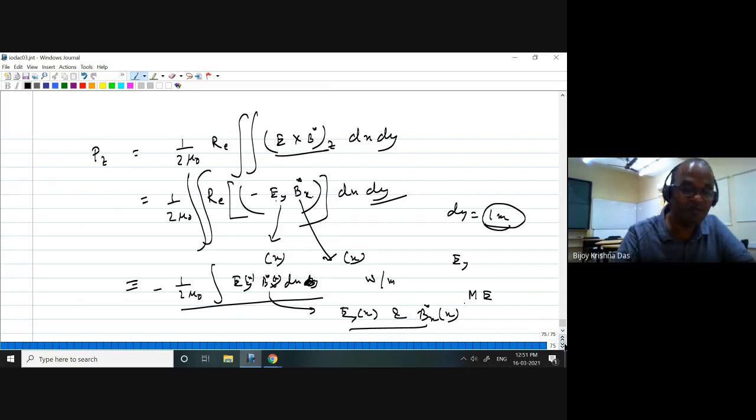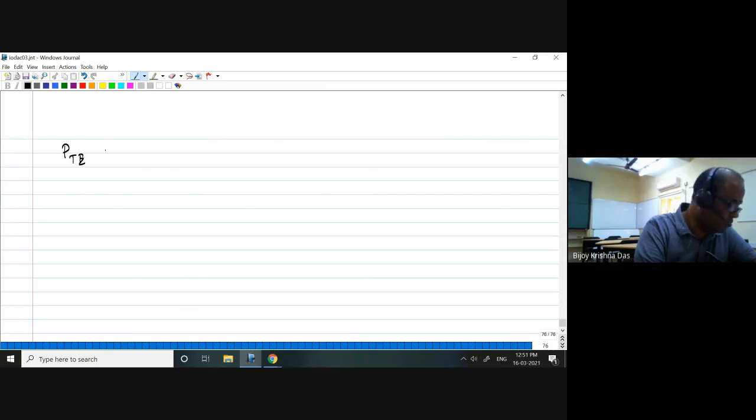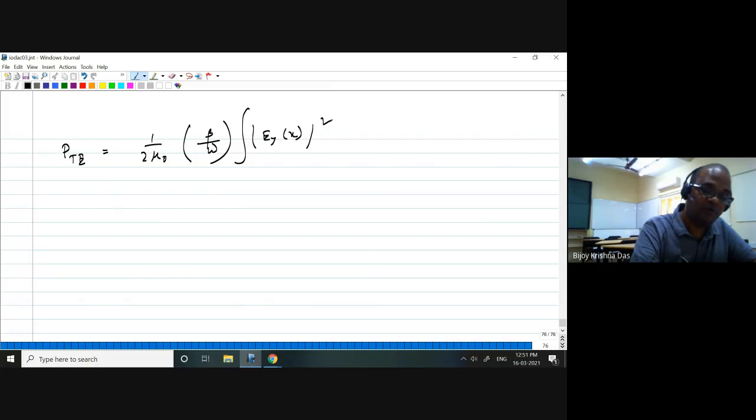Because time is running out, I just put down the expression. For the power flow per unit width, for a TE mode, I can write 1 by 2 μ0, and beta by omega will come because of the Maxwell's equation relationship, and then you will be getting EY x square dx.